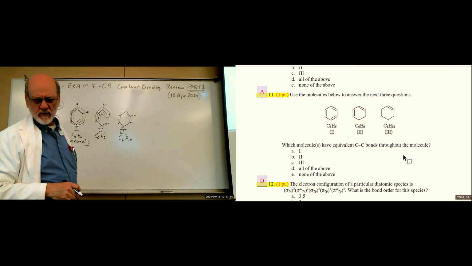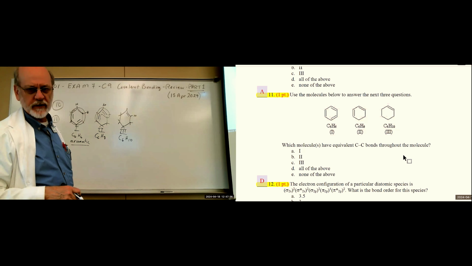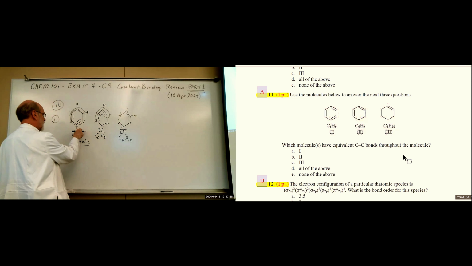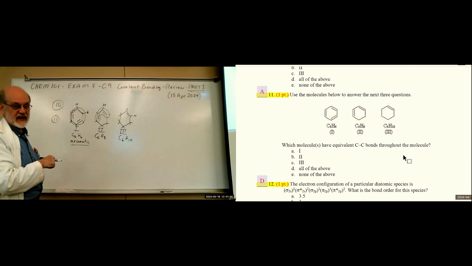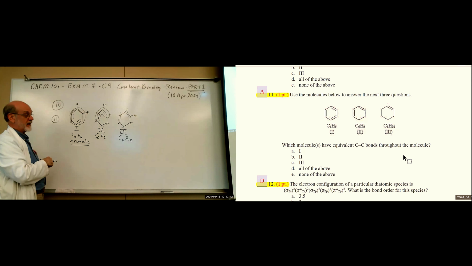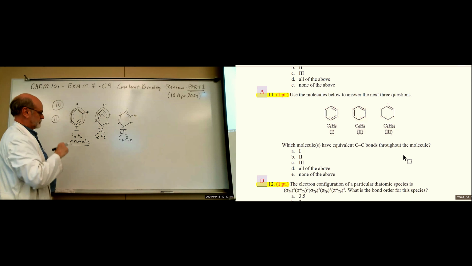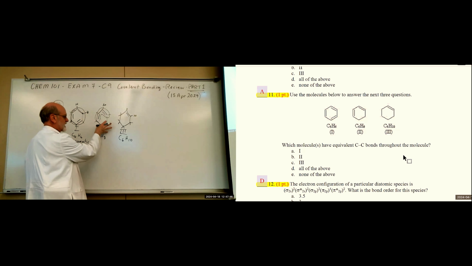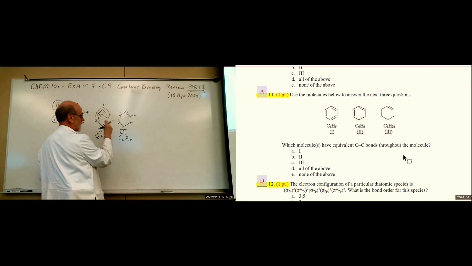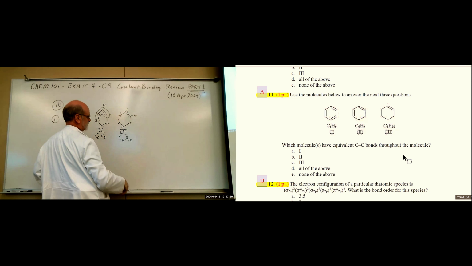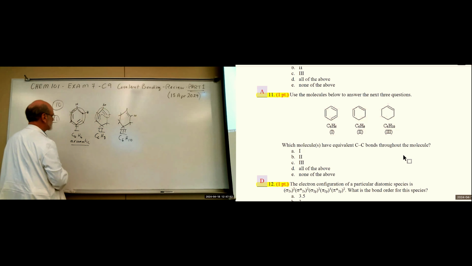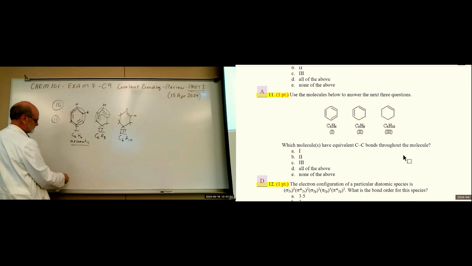So the question was equivalent carbon-carbon bonds. This one right here, Roman numeral 1, which would be A for our answer. These are more unstable because they have these differing bonds. This is extremely stable.